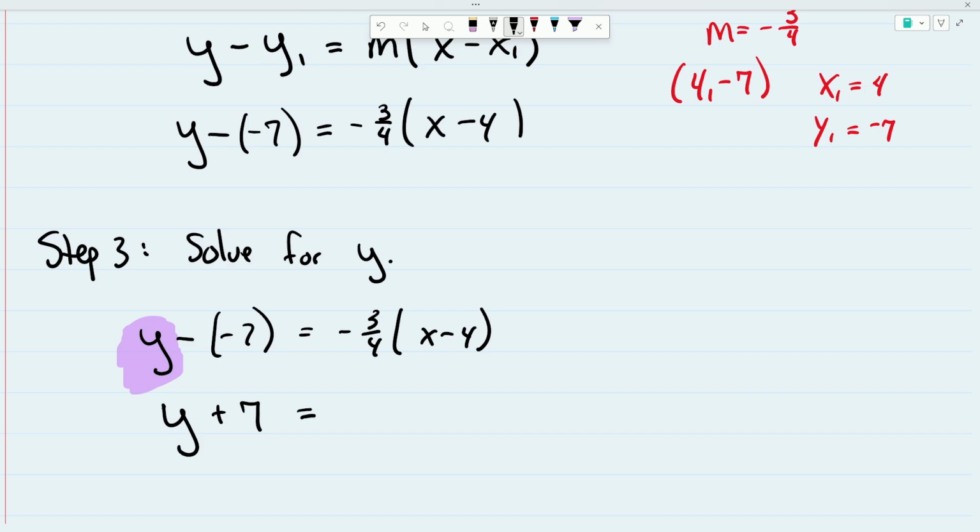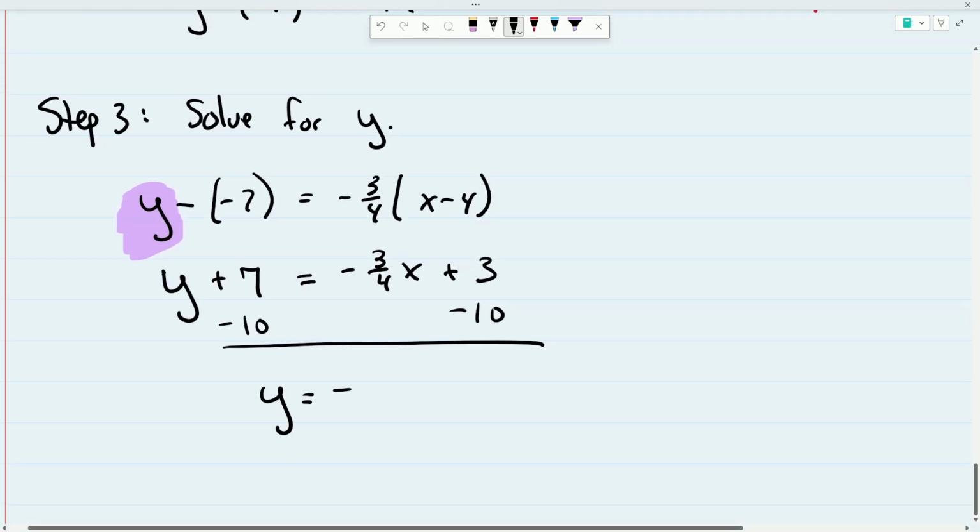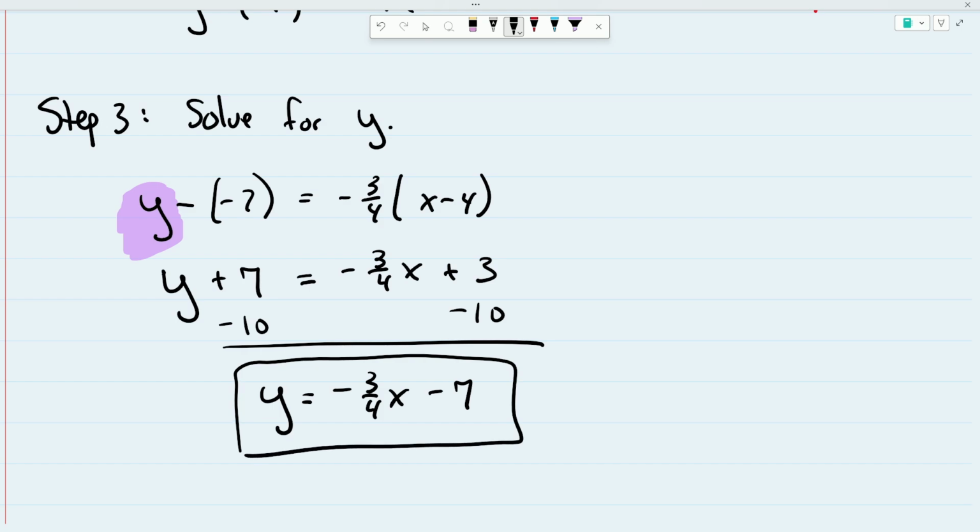On the right side, I will distribute, -3/4 x plus 3. Finally, I will subtract 10 from both sides to give me y equals -3/4x minus 7. And there's our equation of the line.